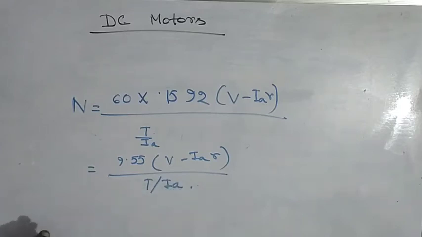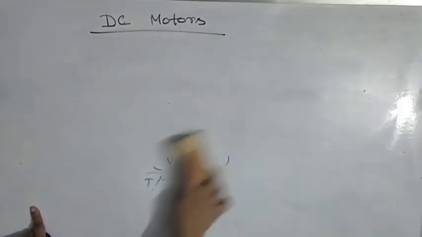Now with the availability of torque-current curves and speed-current curves, the speed-torque characteristics of a DC series motor can be obtained.